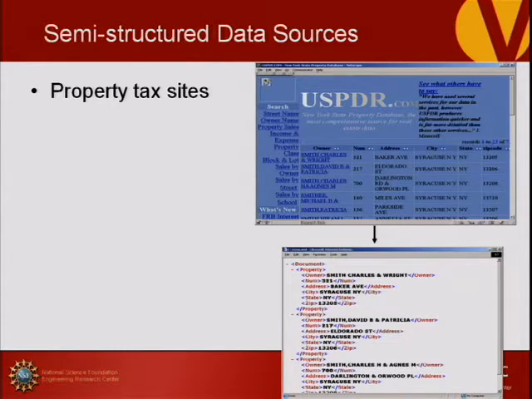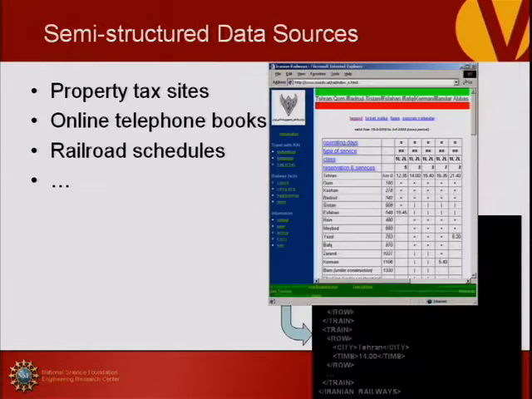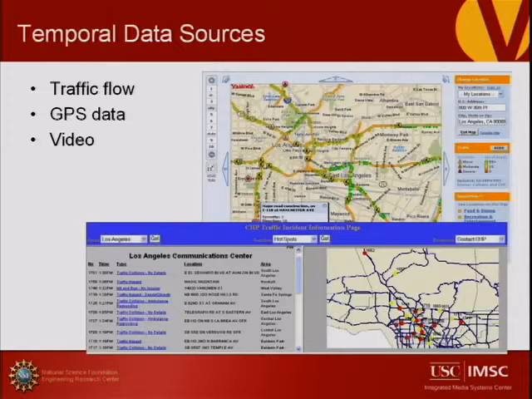One example is property tax site, where basically it has parcel information. There are online telephone books and railroad schedules where you can find, for example, temporal information as well as spatial information like the stations, the coordinates, the addresses, and so on. A lot of other sources for temporal data like traffic data, GPS data, and video out there.